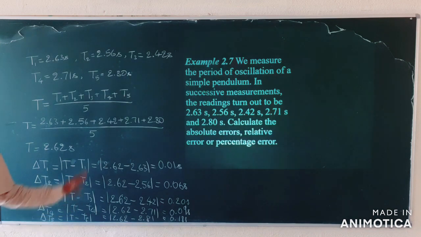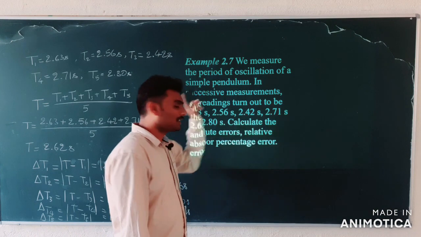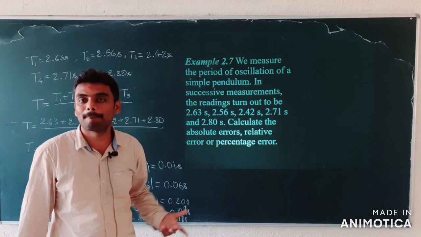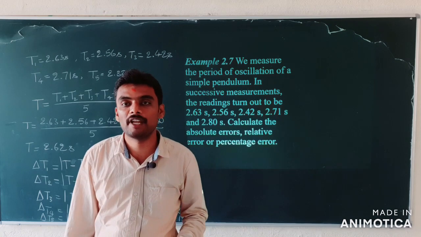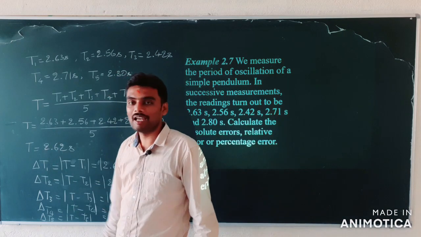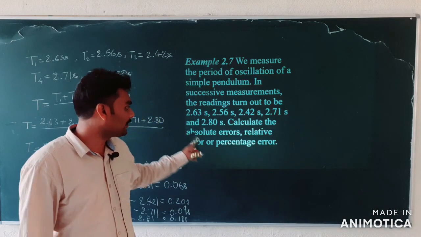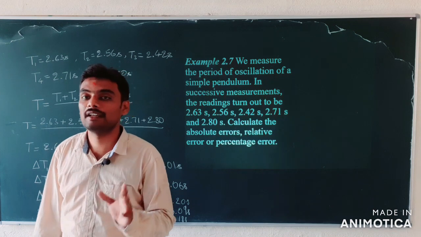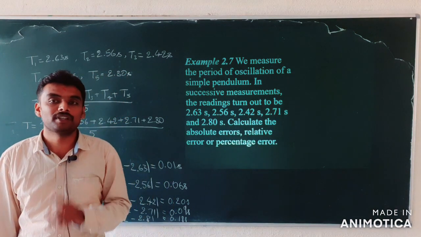Now what does absolute error for the entire measurement or entire experiment mean? It means that we should get the mean of all these absolute errors. If they give simply absolute errors, then they are intending us to get the mean of all the absolute errors.